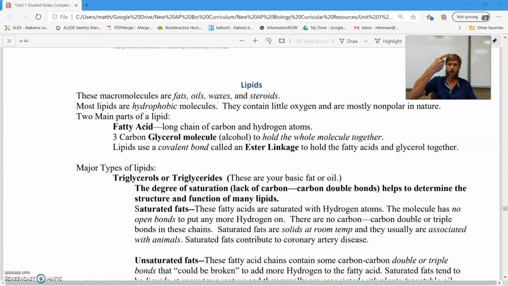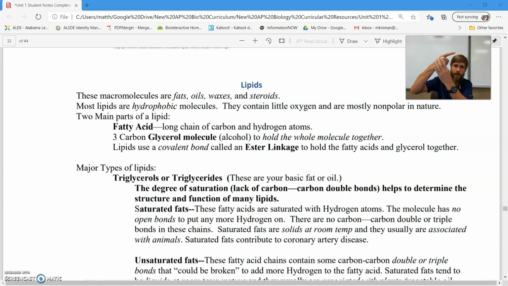Okay, so your hand holds your finger onto the rest of your body. So think about for a second, the hand and the finger, what do they represent in relation to a lipid? Well, the finger is a fatty acid. The hand is the glycerol.